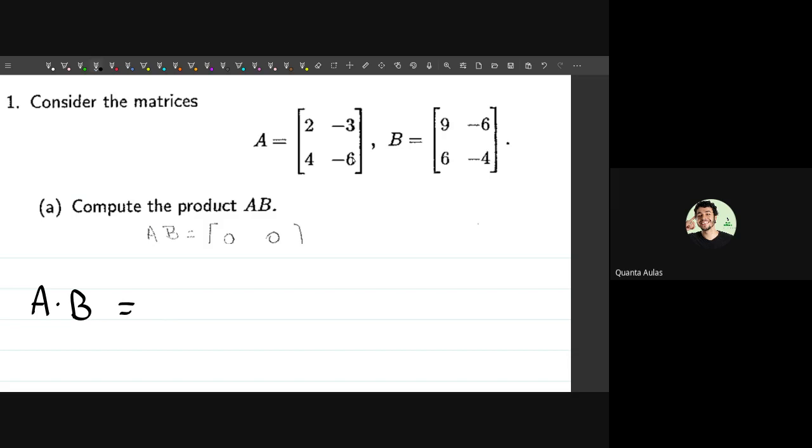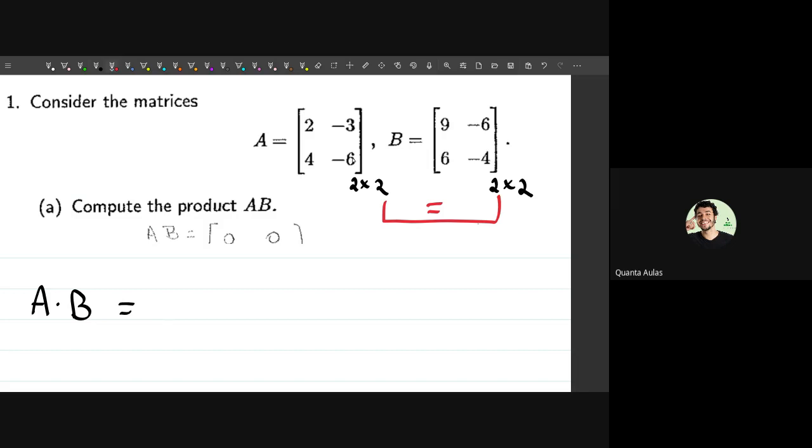When we do multiplication with matrices, the matrices need to have a specific number of lines and rows. For example, this matrix has 2 lines and 2 rows. We can do this calculation because these 2 numbers are equal.